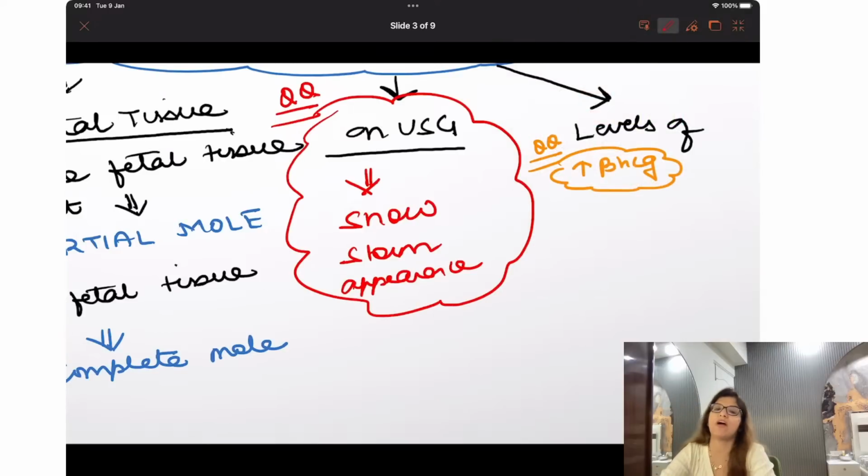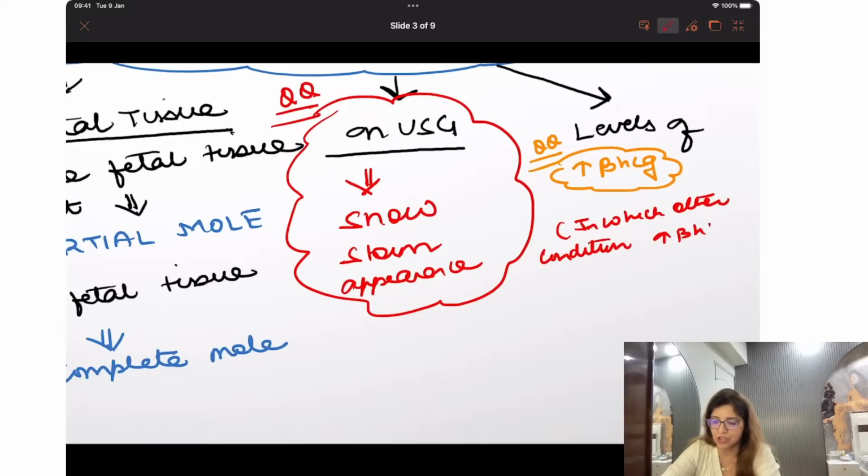Right? Now you also have to tell me in which other conditions do you get increased Beta-HCG? Come on, tell me quickly, which conditions are there in which you get increased Beta-HCG?